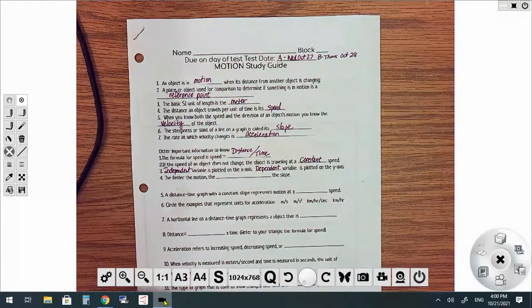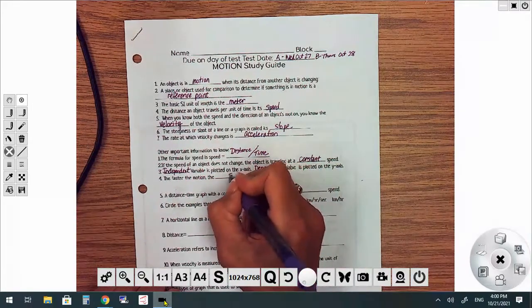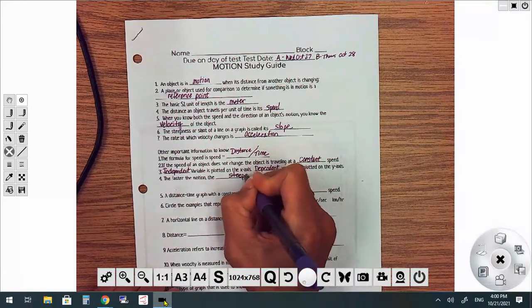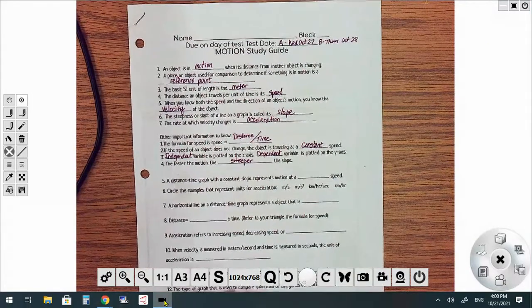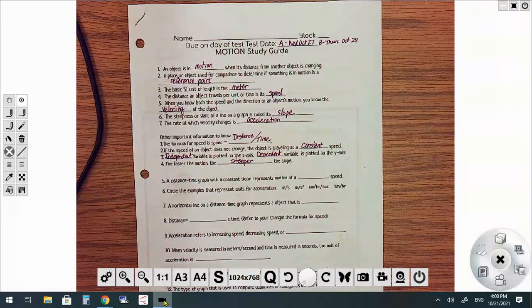Number 4, the faster the motion, the blank the slope. Steeper the slope. Number 5, a distance time graph with a constant slope represents motion at a blank speed.